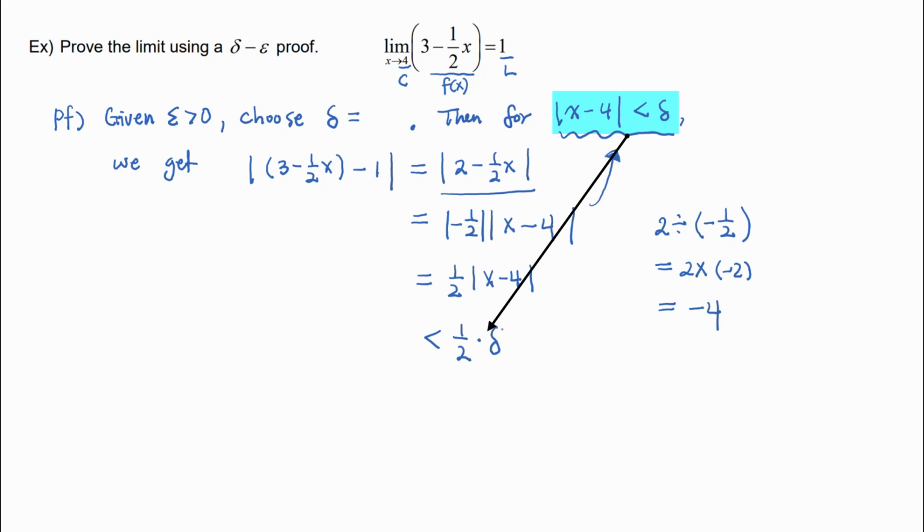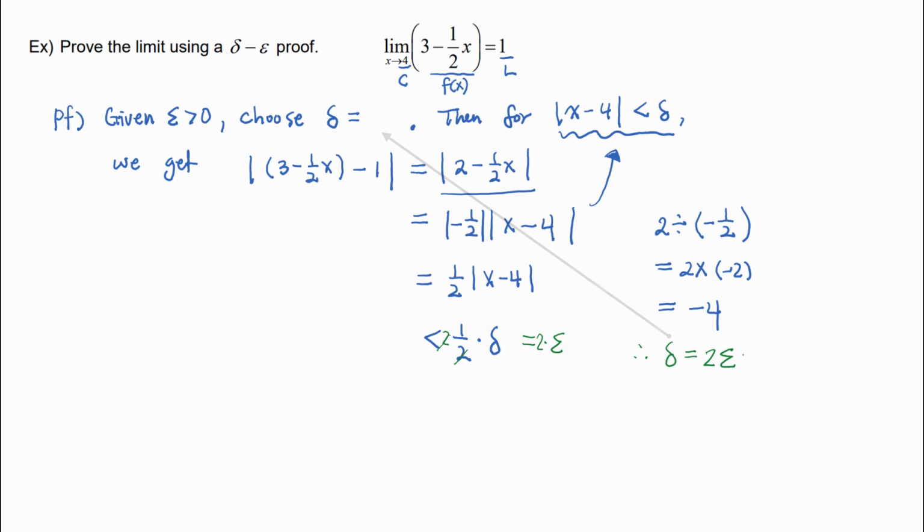So we can substitute delta for absolute value of x minus 4, and we want this to end up with epsilon. To get that, you can multiply both sides by 2. Then you know the delta has to be 2 times the epsilon. So you found your delta. Your delta has to be 2 times the epsilon.